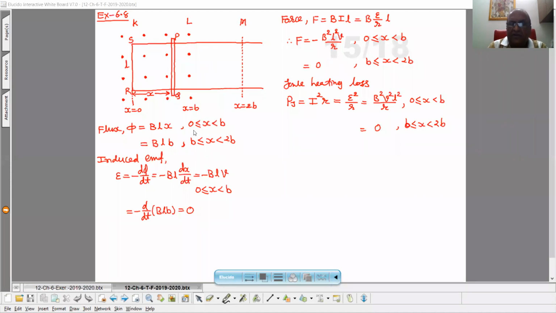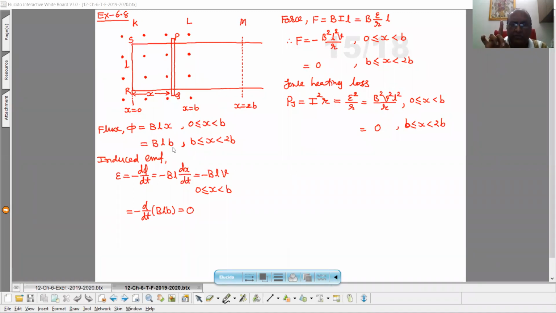So for the region 0 to b, the flux can be written as BLx, that is variable one. But after b up to 2b, flux will be constant, and that will be BLb.